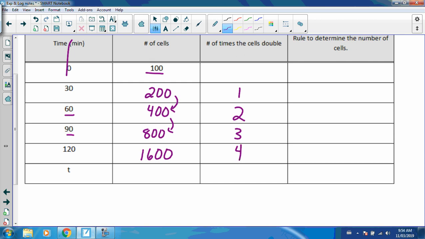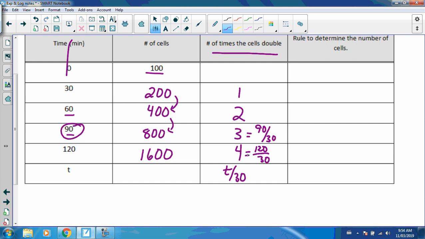So what I would say is that the number of times the cells double is our time. So for example, 90 minutes, our time divided by 30 minutes, right? This was 90 minutes divided by 30, that gives me 3. Or this was 120 minutes divided by 30, the doubling time, which is 4.